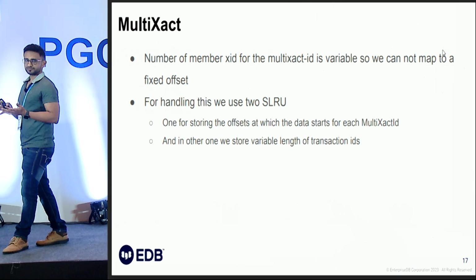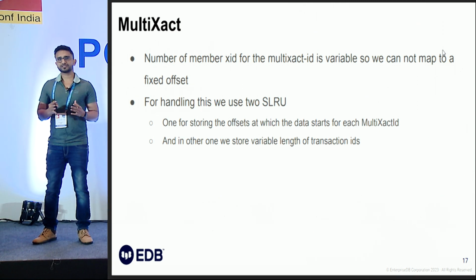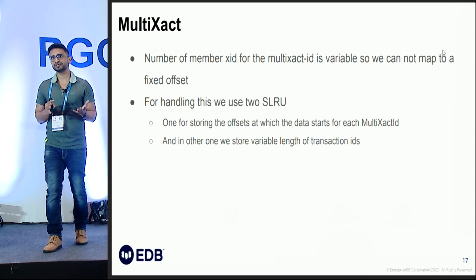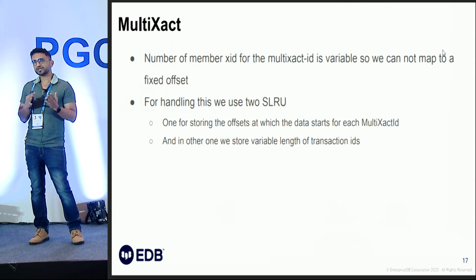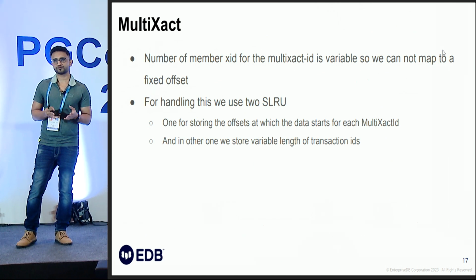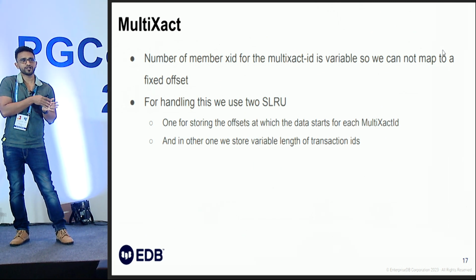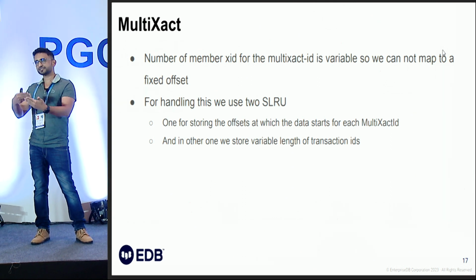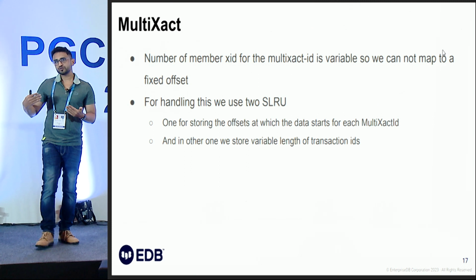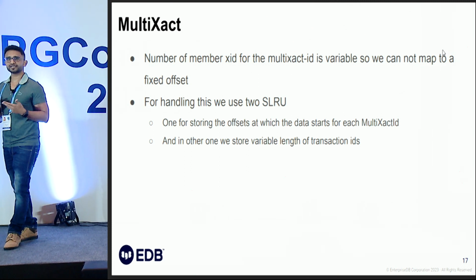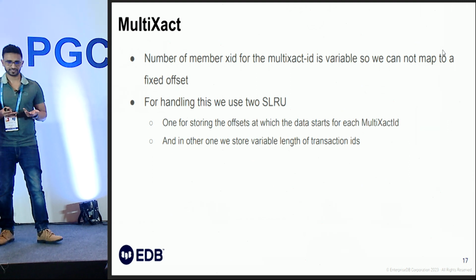It is a variable number of XIDs, and for that reason we cannot store them directly under one SLRU. We have 2 levels of SLRU. The first SLRU maps the MultiXact ID to an offset, and the offset points into another SLRU where we store the actual XIDs and their status for the MultiXact.